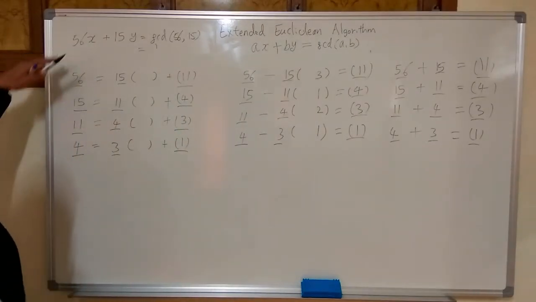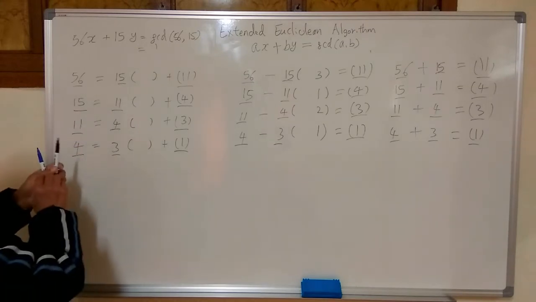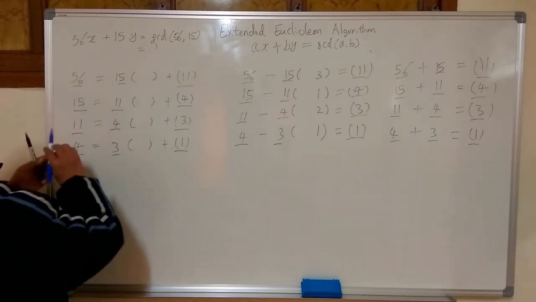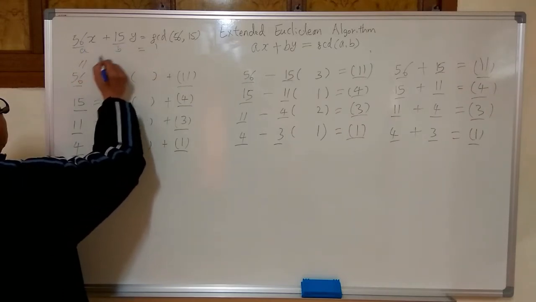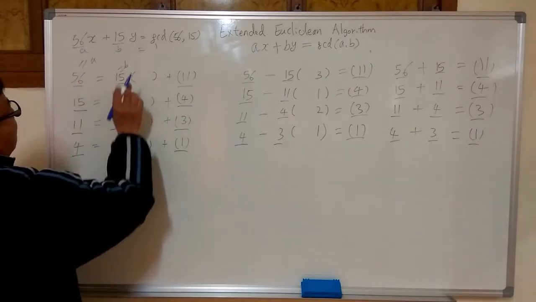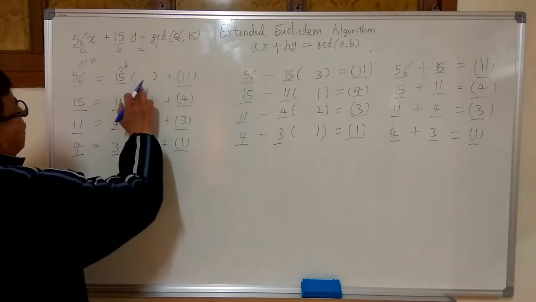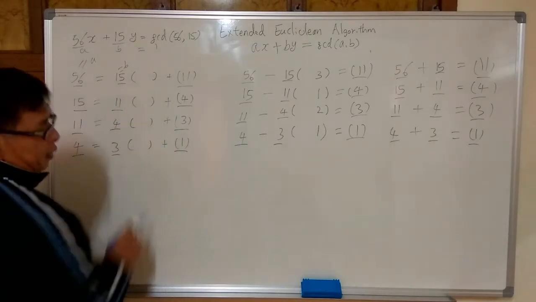So in this equation, 15 is here. This is initially A, this is B, and this is the quotient.